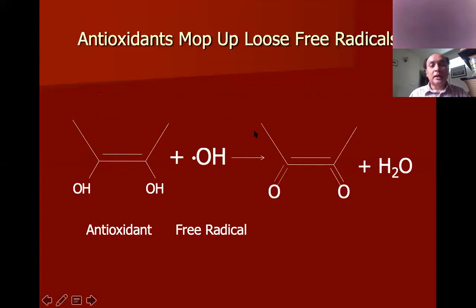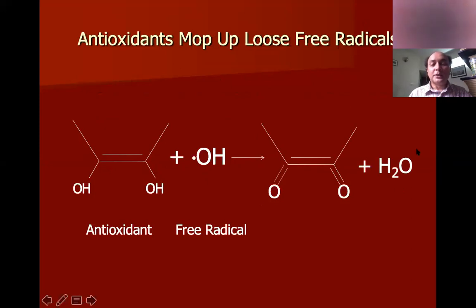Antioxidants lose free radicals. For example, how does an antioxidant minimize free radicals? This is an antioxidant compound containing two hydroxyl groups, and this is a free radical. The antioxidant reacts with the free radical and ultimately produces water.